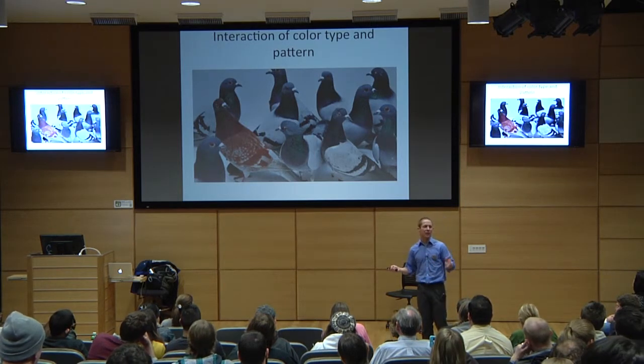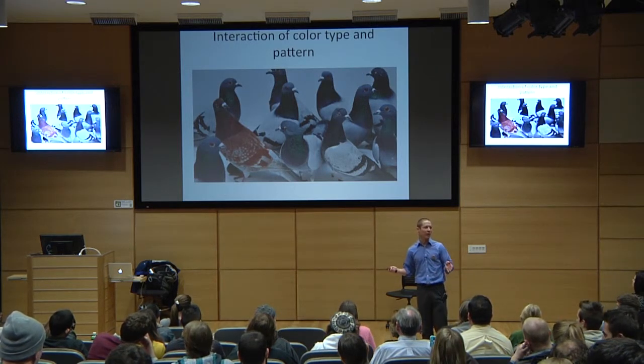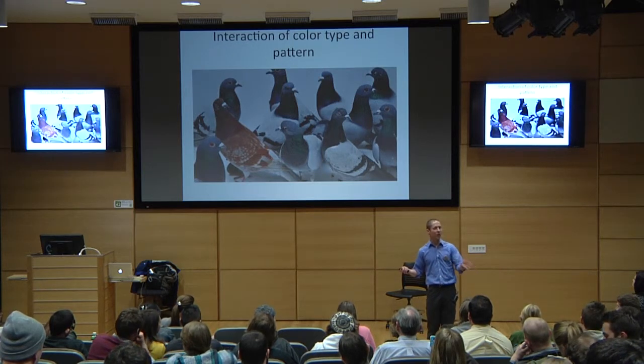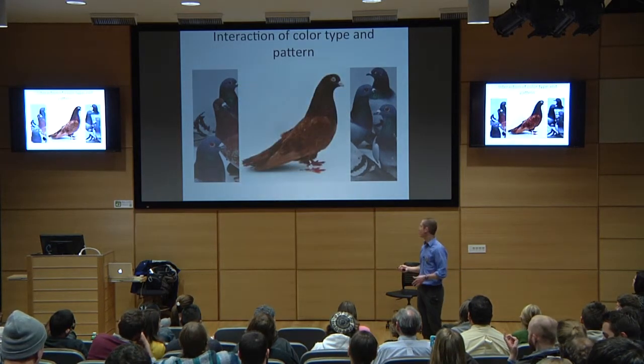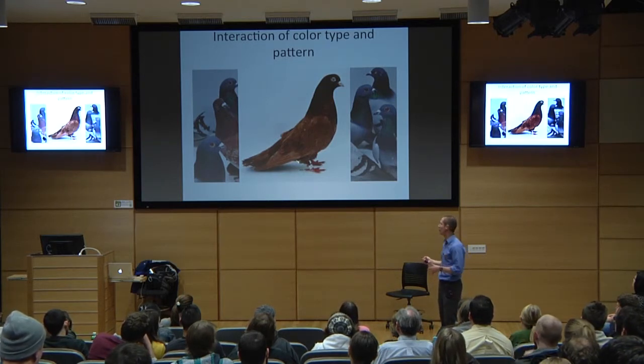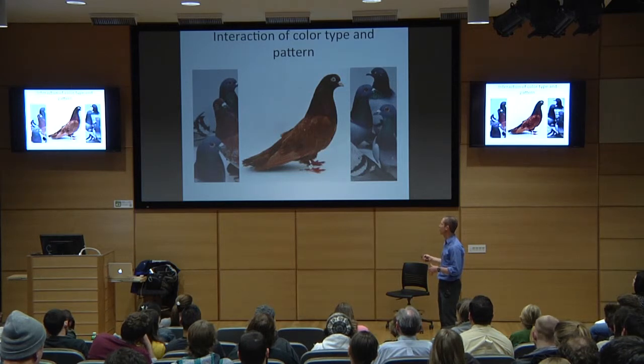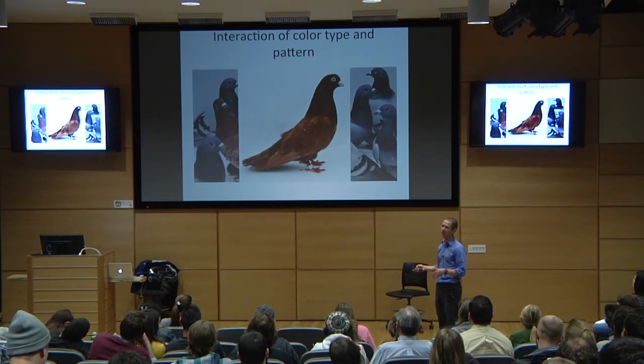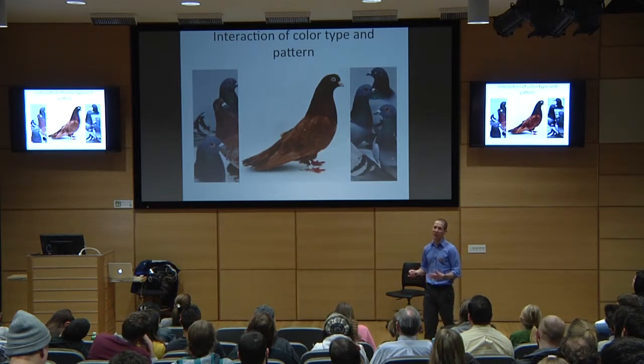So in some cases, mutations will only affect one thing or the other, just the color or just the pattern. But in other cases, like with recessive red, this mutation actually affects both. It overrides not only whether it's going to be blue versus ash red, but it also overrides whether it's going to be bar and check, and it generates this uniform red color. And again, we have no idea why that is.